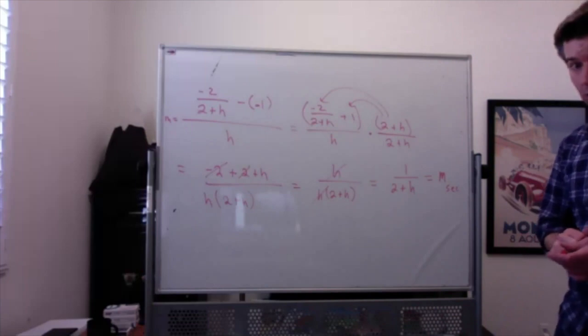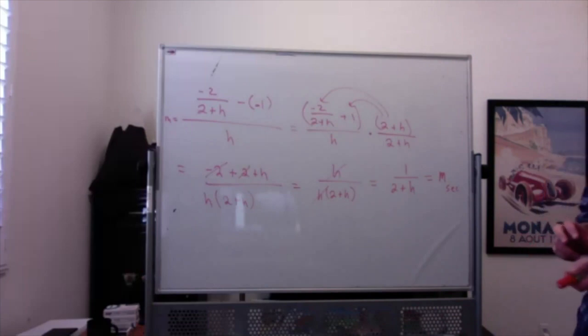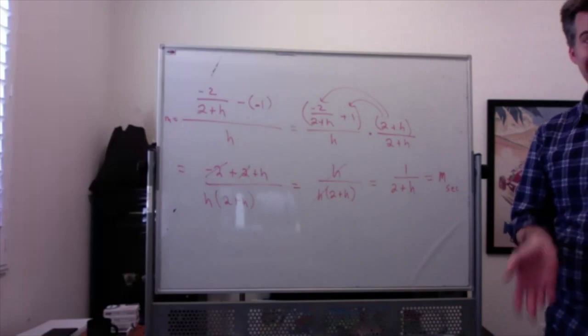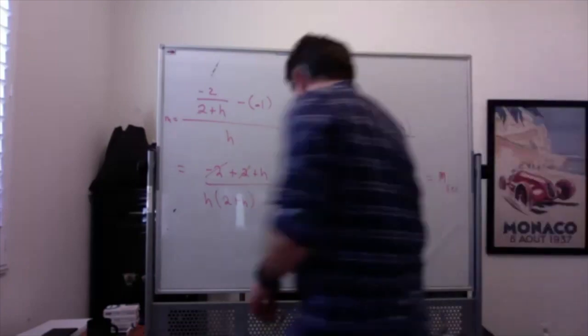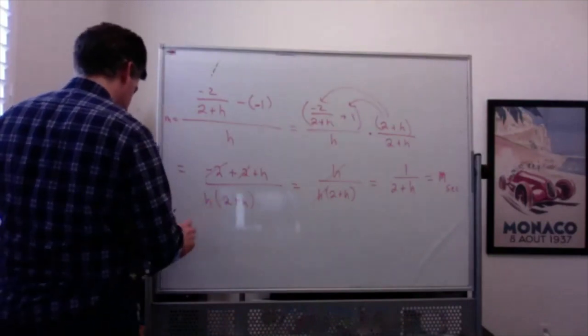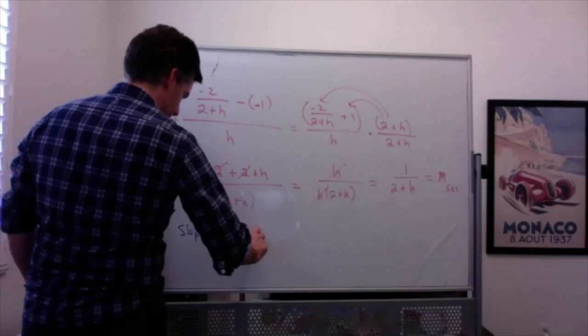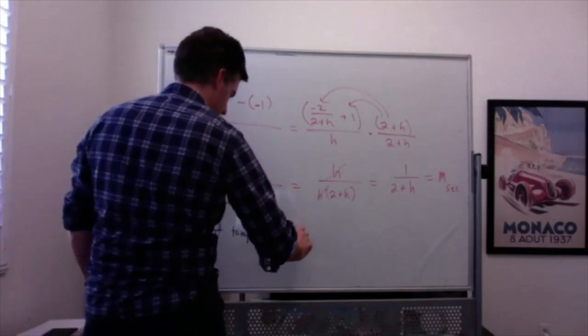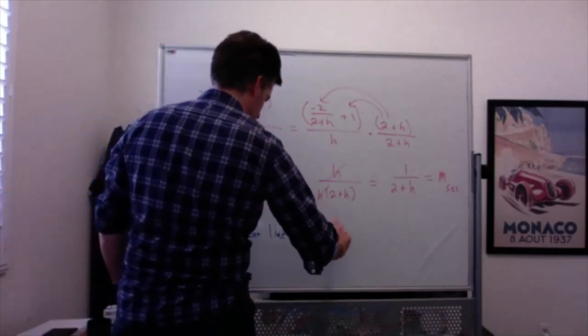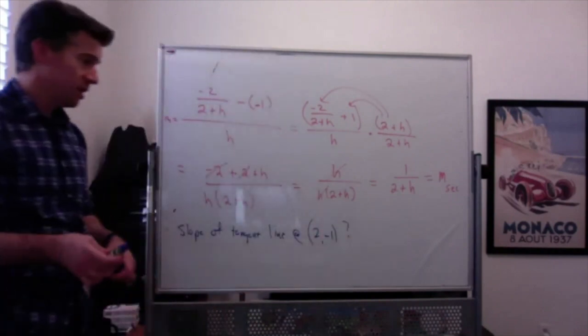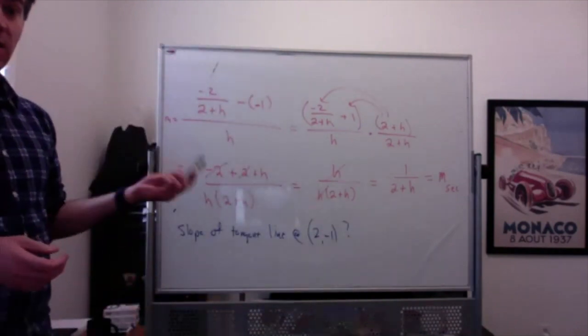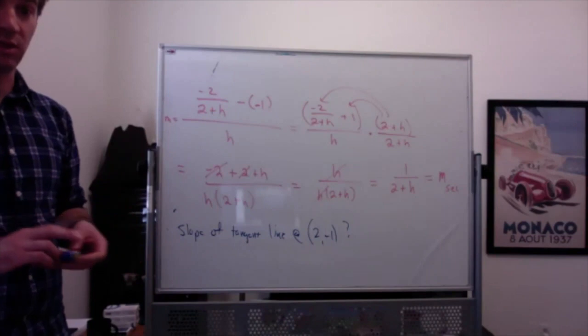So now, if we were to be asked what's the slope of the tangent line at the point, the way we find that is by taking the limit of this as h goes to 0.